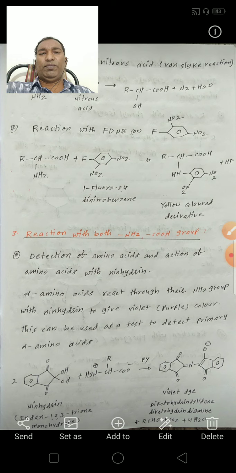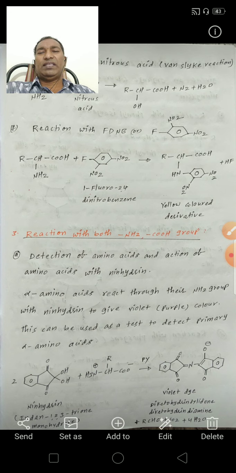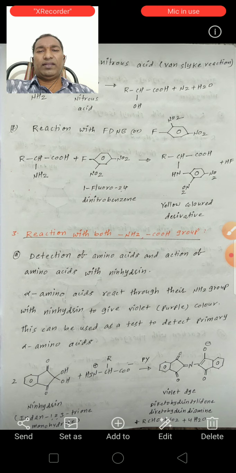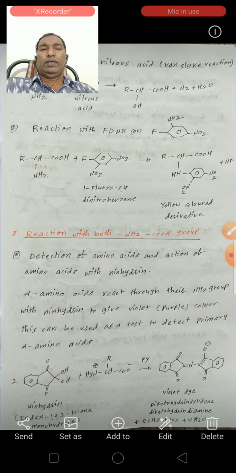When amino acids react with 1-fluoro 2,4 dinitrobenzene, only the NH2 group is involved in the reaction. These are all the NH2 group involving reactions of amino acids.